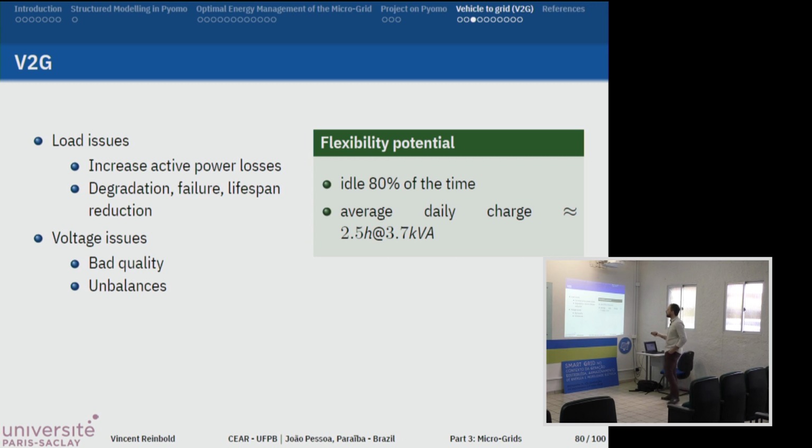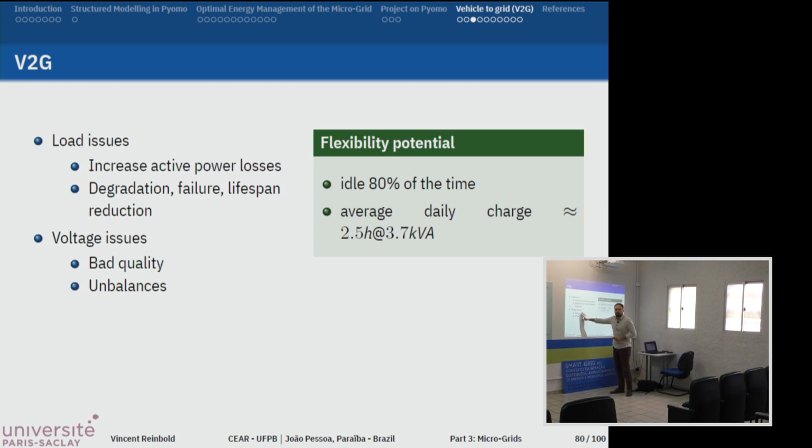The second issue is the voltage issue. So if there is too much production or too much consumption, there is some decrease of the voltage, which will decrease the quality of the energy and may induce some imbalances in the three-phase distribution system.